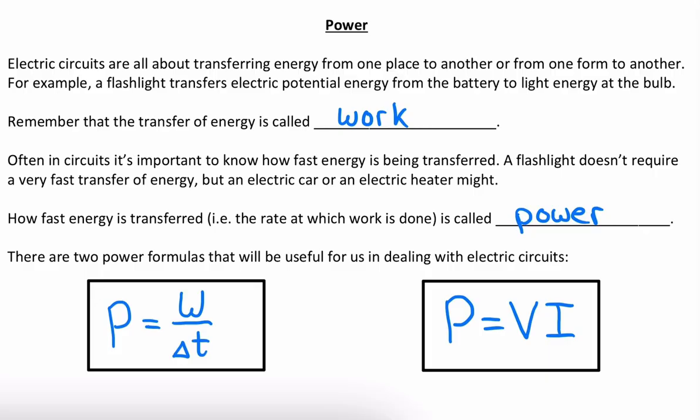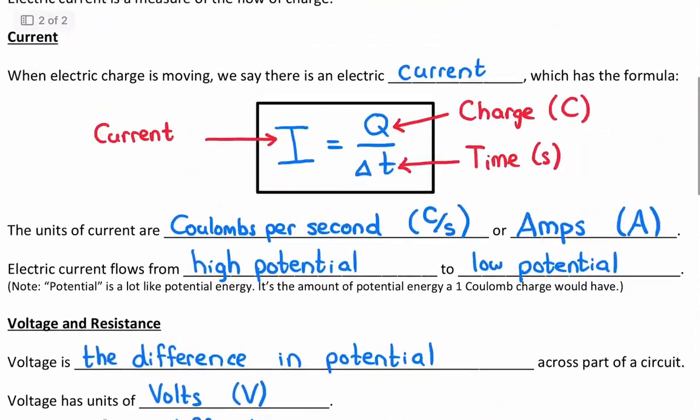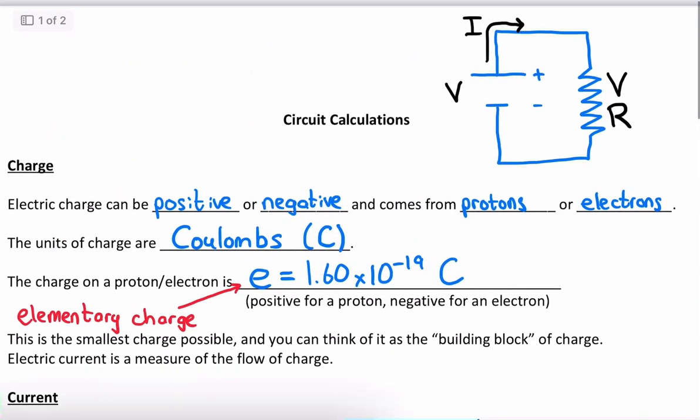So let's think about places in a circuit where we have power. Well, we've got current everywhere, remember? So where do we have voltage? Here at the power supply, and here at my device, at my resistor. So at those two places, at the power supply and at my resistor, there will be energy being transferred.